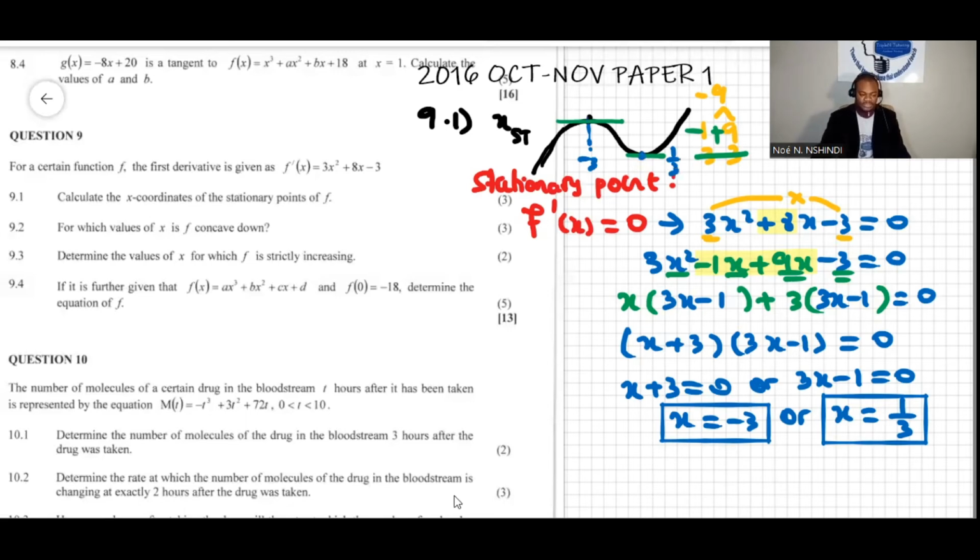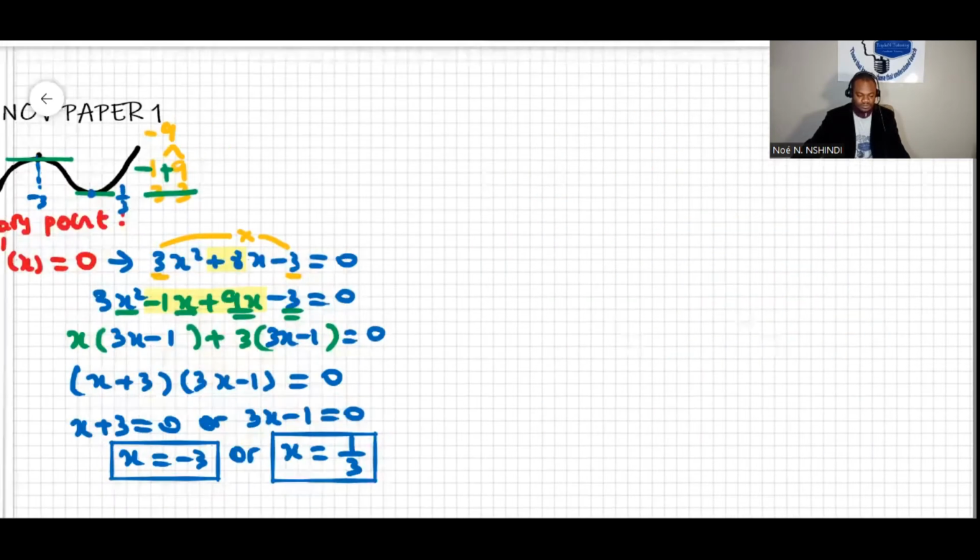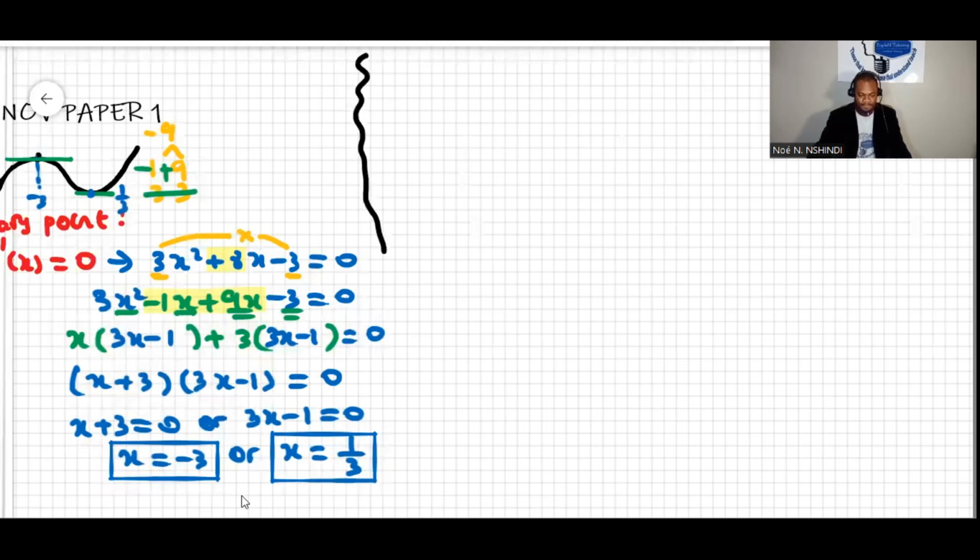Now that was 9.1. Now we're going to do question 9.2. The question says, for which values of x is f of x concave down? Okay, I have to move my board over here. 9.2.